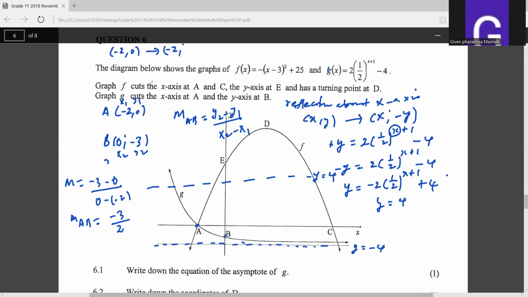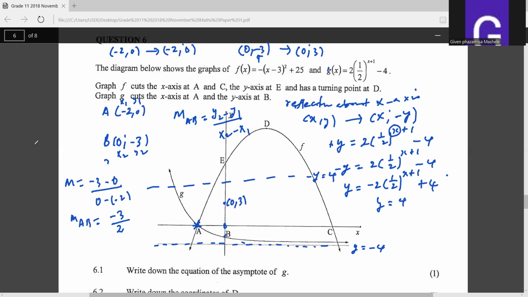What is supposed to change is the y, but since it's 0, it will not change, it will just be 0. So it means the graph will also pass here. And the other one, we have 0 and minus 3, which is this one. So reflection about the x means x will not change. What will change is the y. If it's negative, then it becomes positive. So it means that the new point will be 0 and 3. So 0 and 3 will be somewhere here.